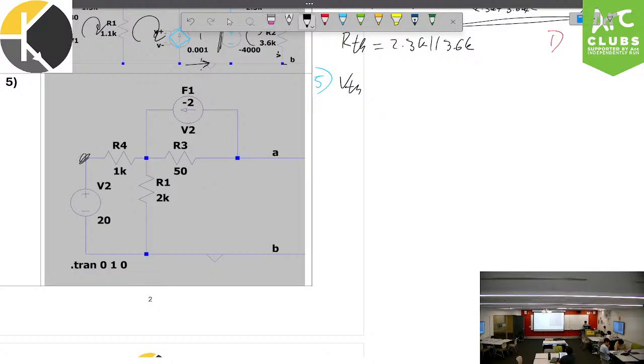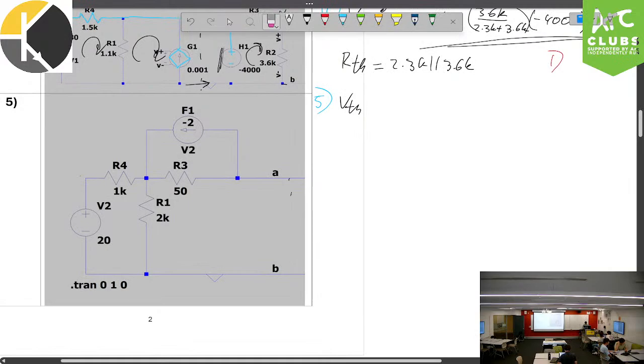So you just use this point right here as your node. You wouldn't need to consider this one. And you'd use this node here. For mesh, we already know the mesh current here, and so we only need to consider the mesh current over here, right? Because this is not a mesh, right? It does not close. It is an opening of the terminals, right? So let's do this.